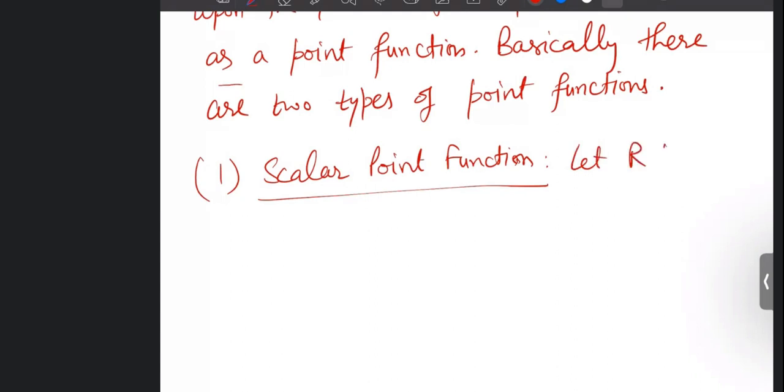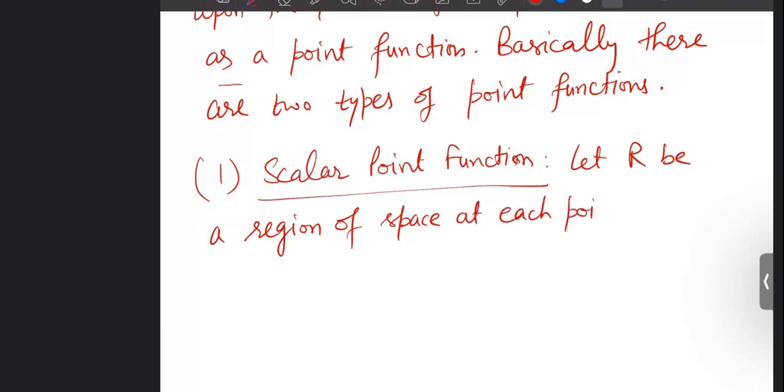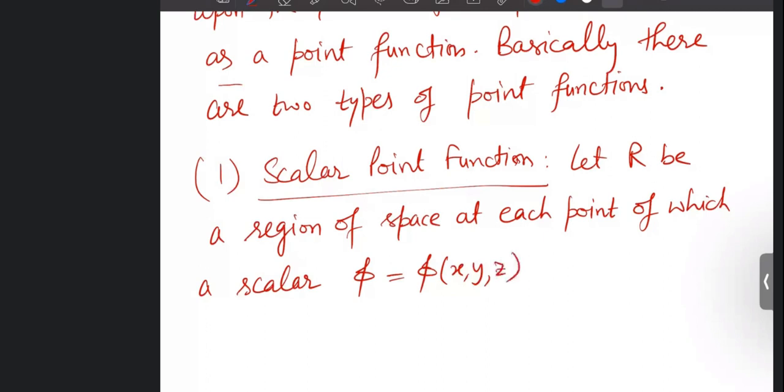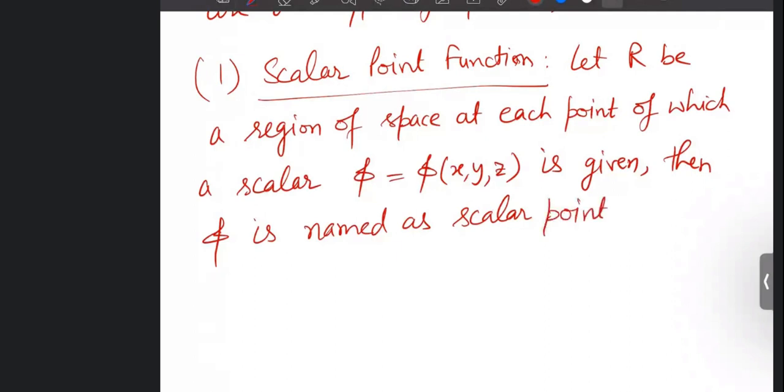Let R be a region of the space at each point of which a scalar, say phi, is given, then this phi is named as scalar point function, and the R is called a scalar field.